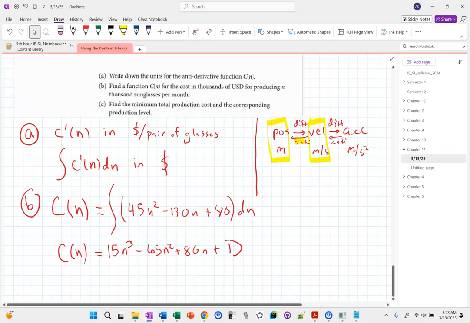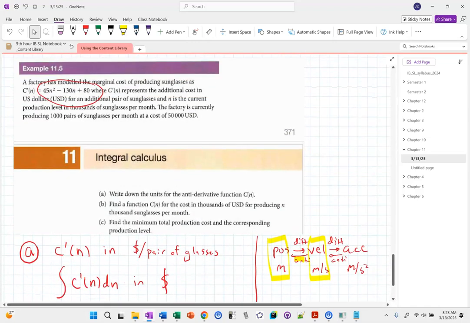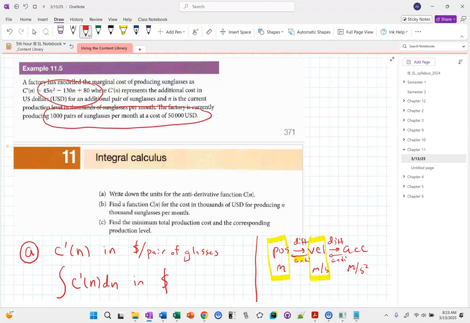So I have this, but I need to solve for D still. Remember on this we have 1,000 pairs of glasses gives us costs 50,000 US dollars.